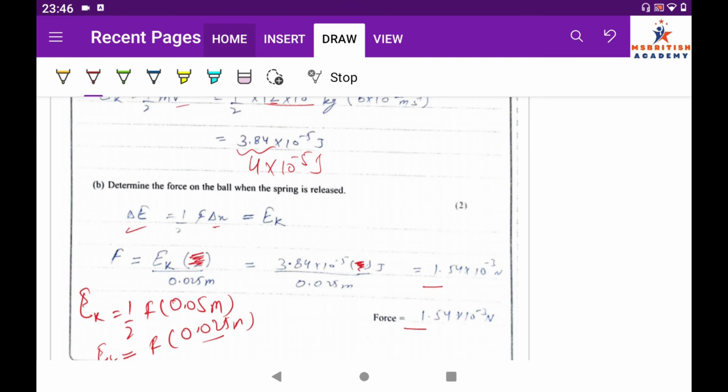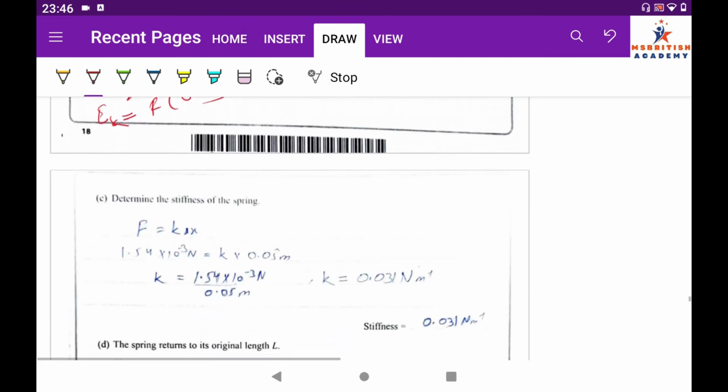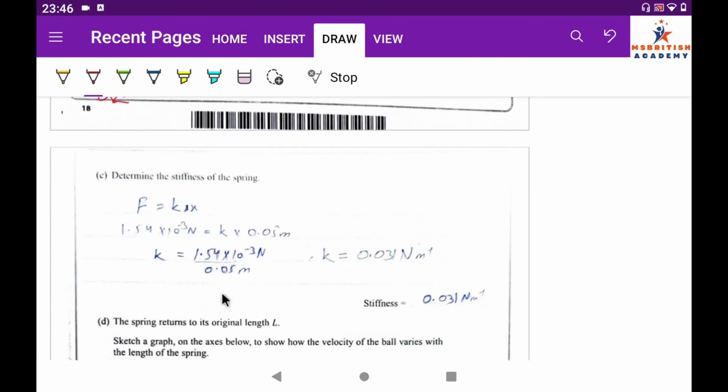Okay, so see further. Determine the stiffness of the spring. We also know the formula for spring force, that force is equal to K times X, where K is the stiffness of the spring. So the force is 1.54 into 10 to the power 3 newton, and the displacement is 0.05 meters.